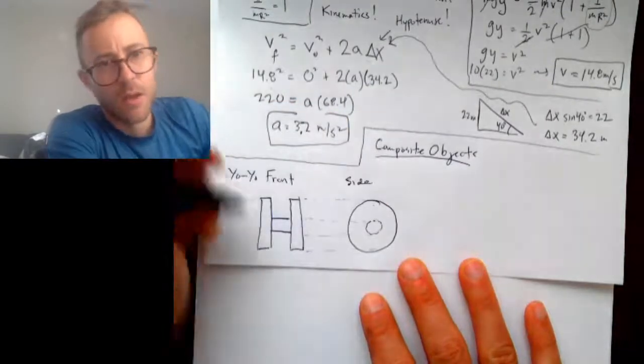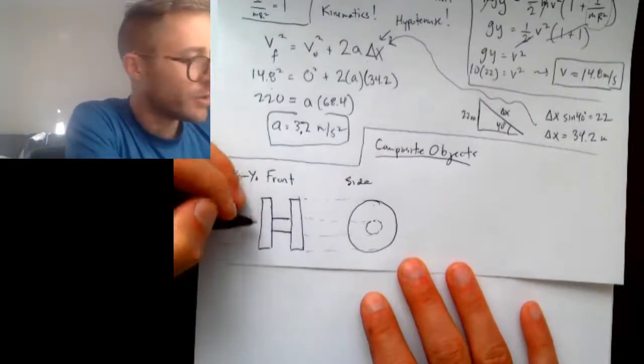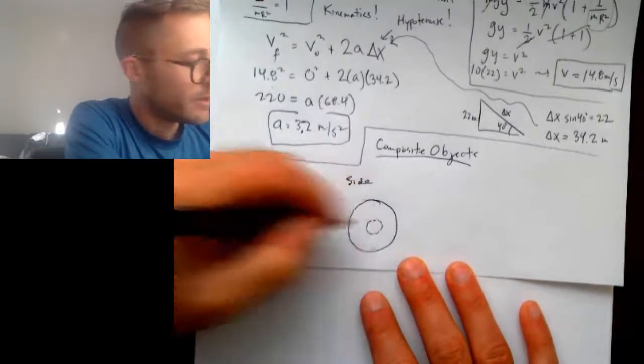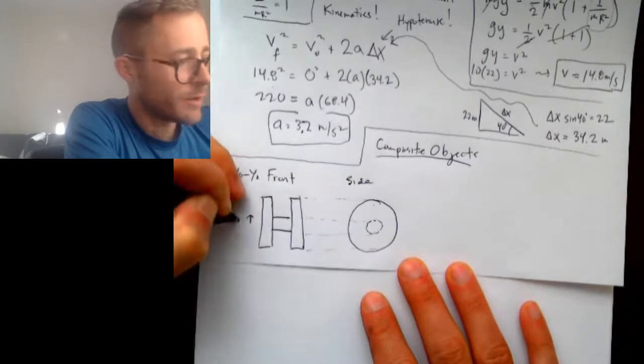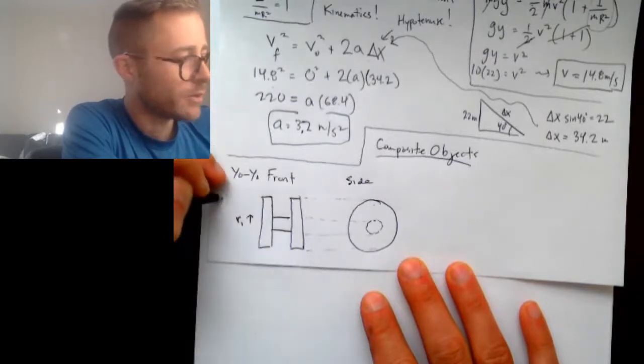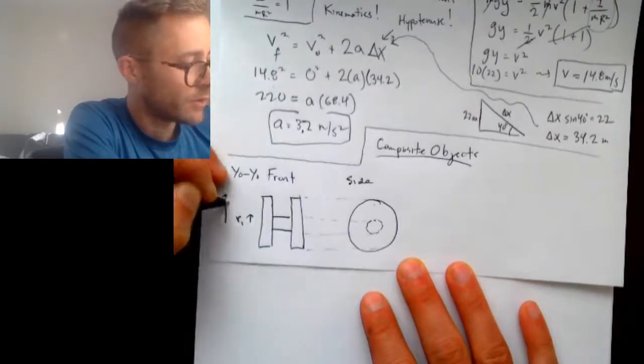Okay. All right, and let's suppose that the inner disc has a radius r1 and the outer disc has a radius r2.